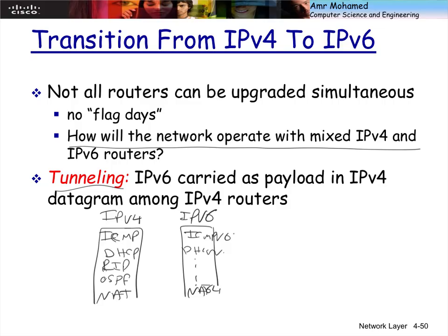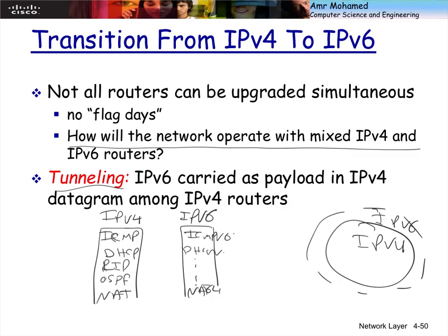This will enable us to have this device as part of a network that's IP version 4, or in the same geographical area, if we have IP version 6, we can use IP version 4 or IP version 6. So the same Windows machine or the same router that has the dual stack will now be part of an IP version 4 network or an IP version 6 network.